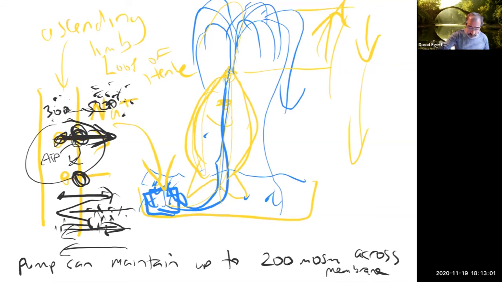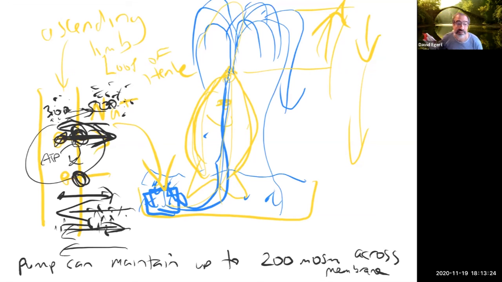If it's 500 outside, I can't make it even lower inside because there's too much of a force trying to come back in. So the highest difference you can have between the inside and the outside is 200 milliosmolar lower inside than the outside.